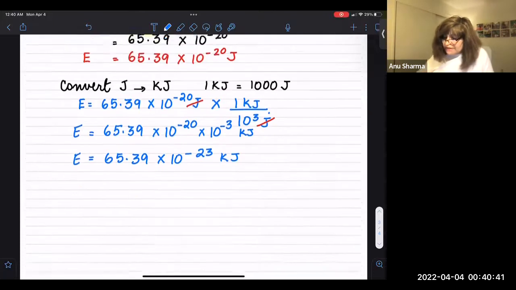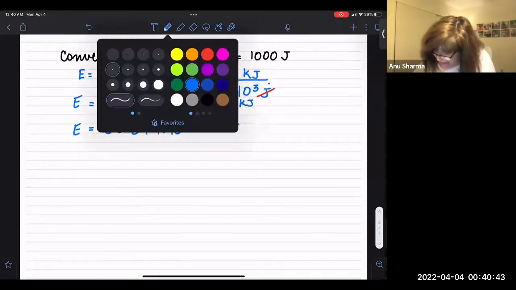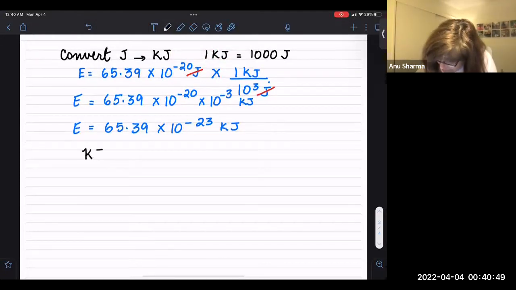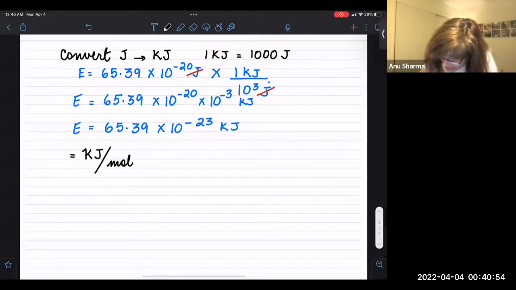Now, the question is asking us to find the energy of the photon of aluminum, in kilojoules per mole. Okay, this is how much is the energy in kilojoules per mole.